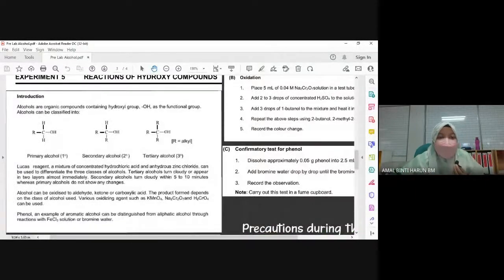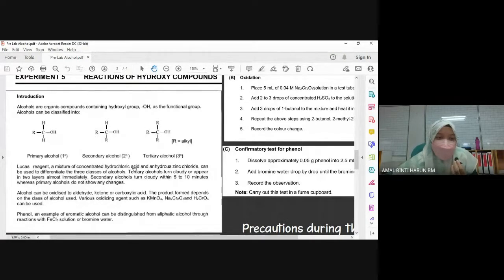For this experiment, jangan lupa dalam lab manual ada introduction part. Dia kata ada, okay, ni bacalah. Boleh classify dia primary, secondary, tertiary. Okay, and then Lucas reagent is a mixture of concentrated hydrochloric acid and anhydrous zinc chloride. Okay, please highlight that one.